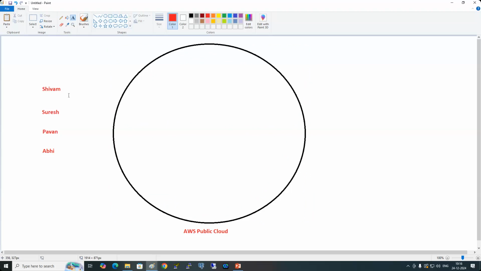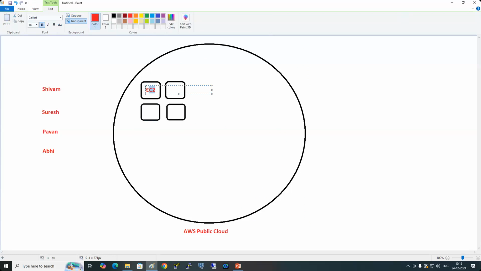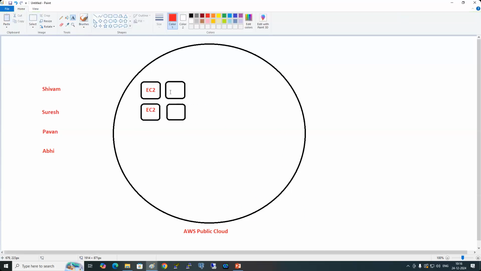Shivam has a requirement to launch an EC2 instance. He went and launched EC2 instances in the AWS public cloud.